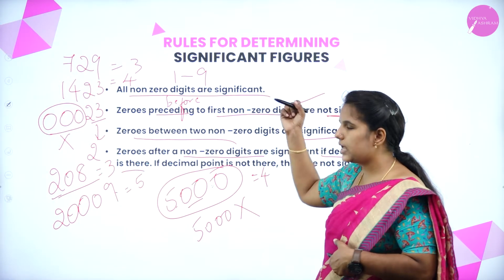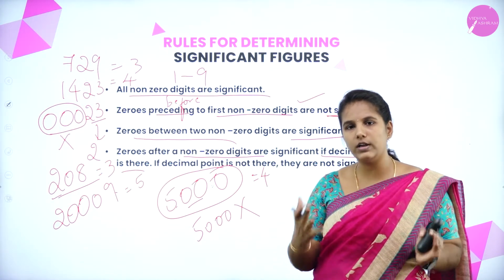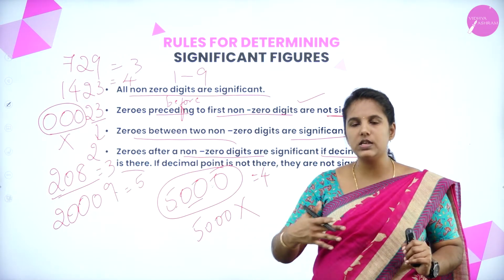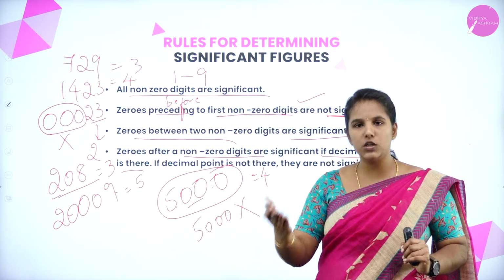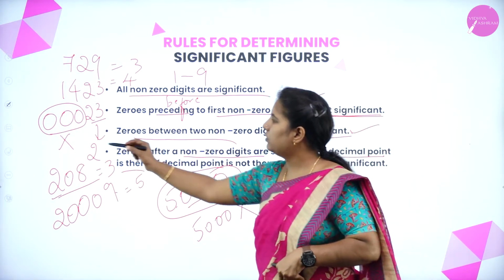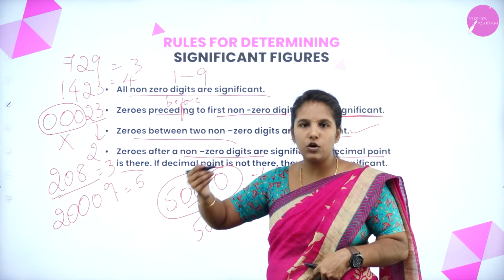The first rule says that all non-zero digits are significant. Except 0, all digits are significant. The second rule says that zeros present before the non-zero digits are not significant. So we have to neglect the zeros present before the non-zero digits.